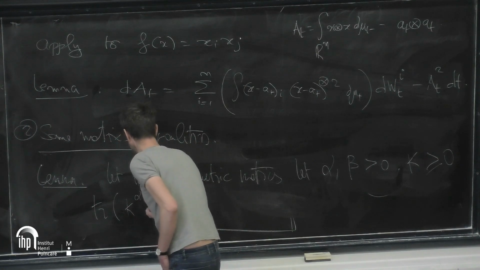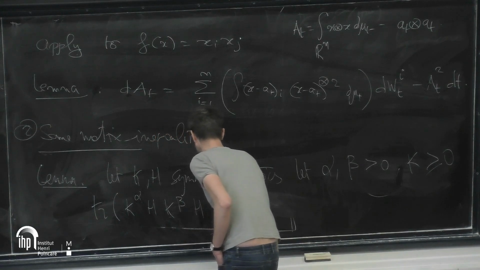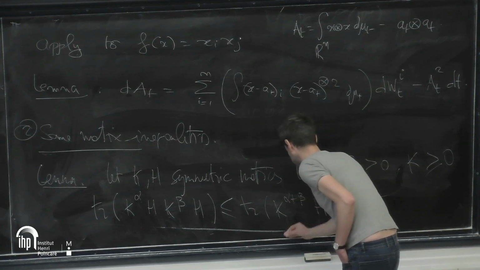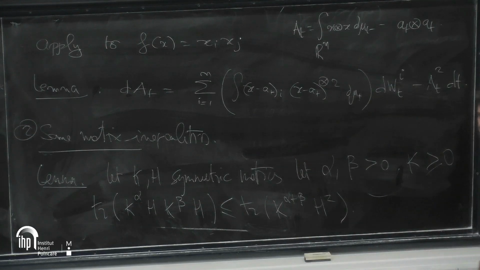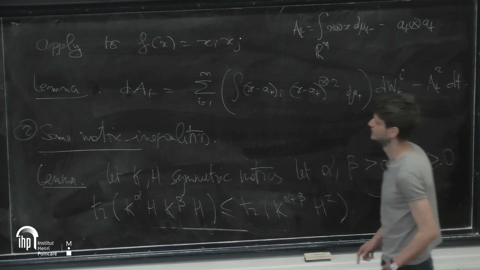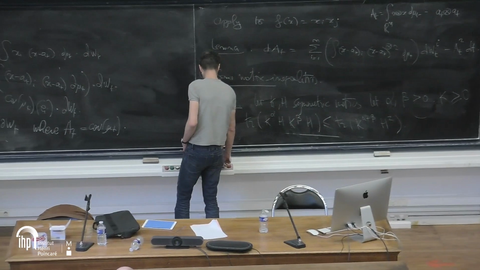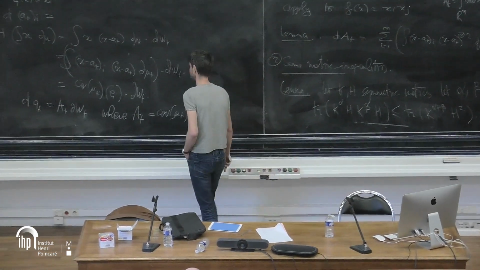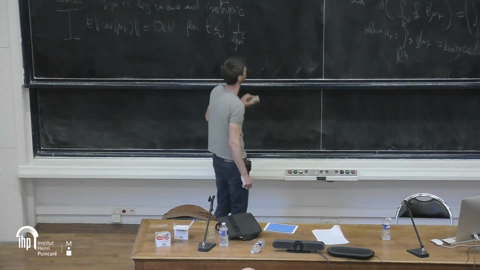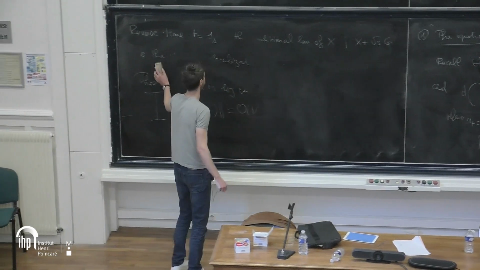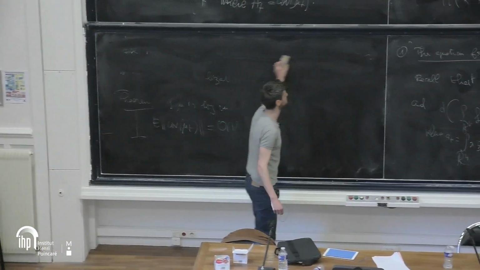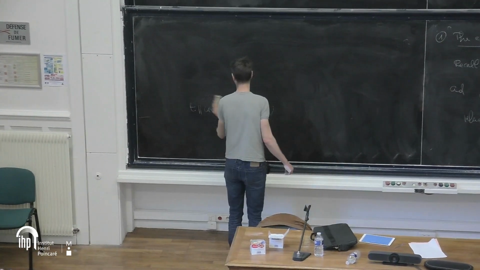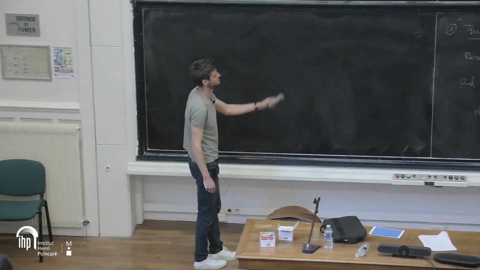Then trace of K to the alpha H K to the beta H is less than the trace of K to the alpha plus beta H squared. Yeah, exercise.